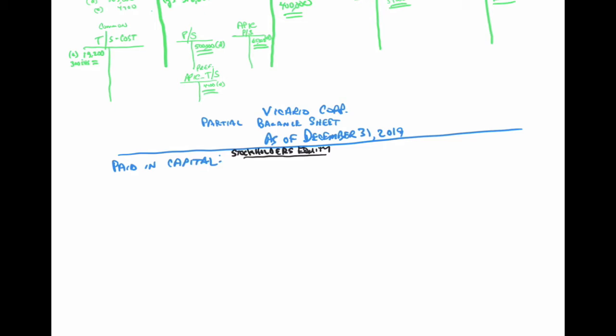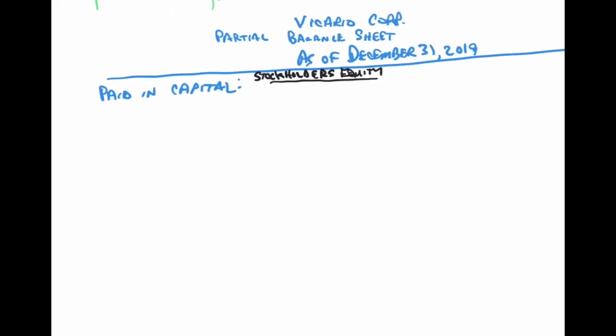And then we're going to start with our preferred stock. And I'll put that in here, preferred stock. And that is $100 par.